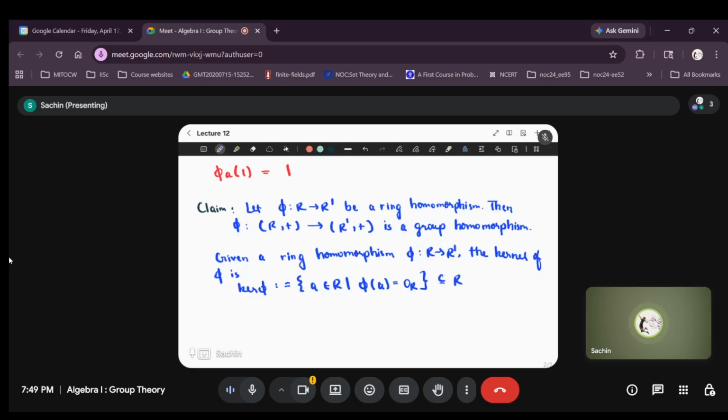This is obviously a subset of R, right? Because these are elements of R, so it might be R itself or it might be a proper subset also. Anyway, it is a subset of R.